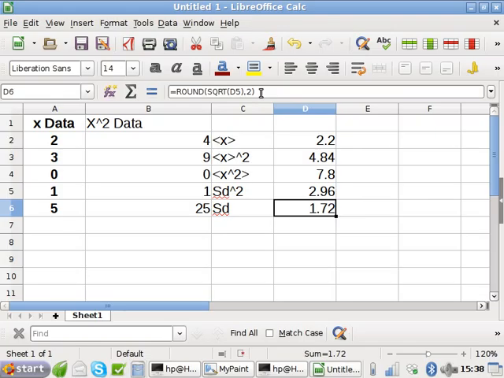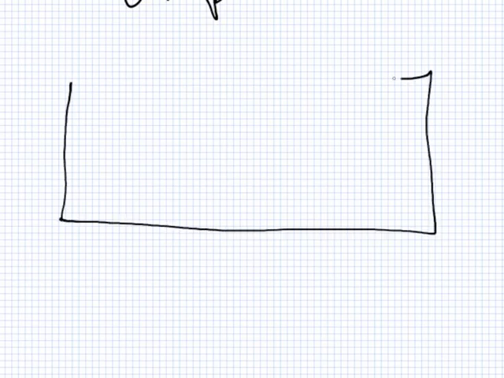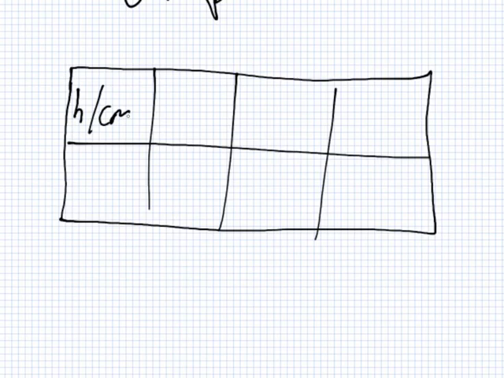Now let's have a look at an example with a table. Do you still have the table I gave you from the last class with the trees? Can we just write them down again? So we have height in centimeters and frequency.